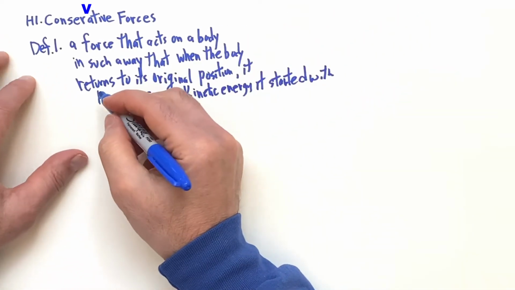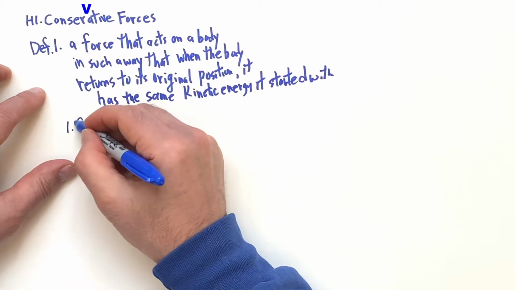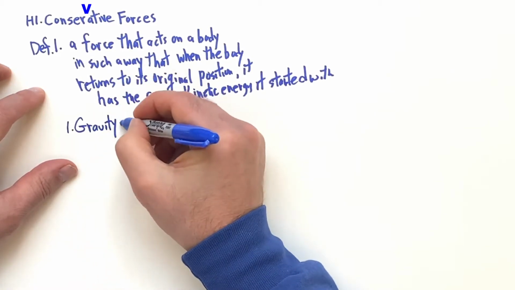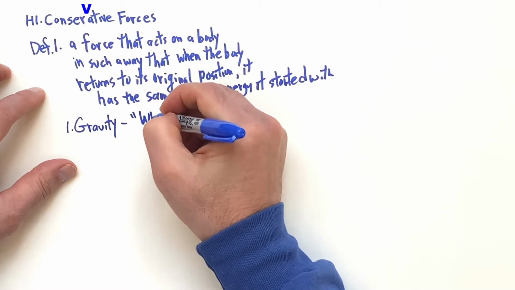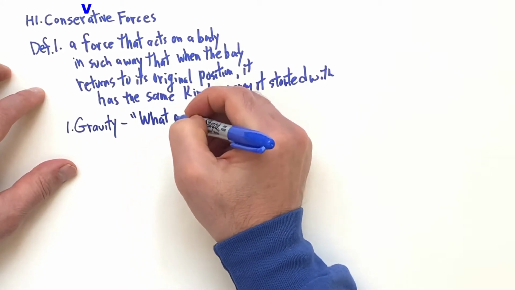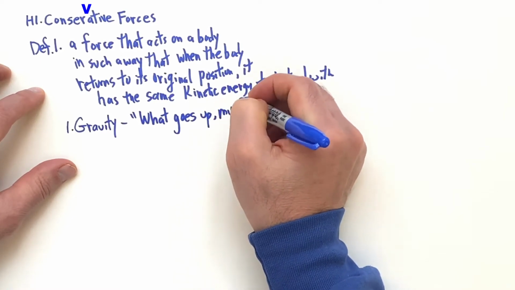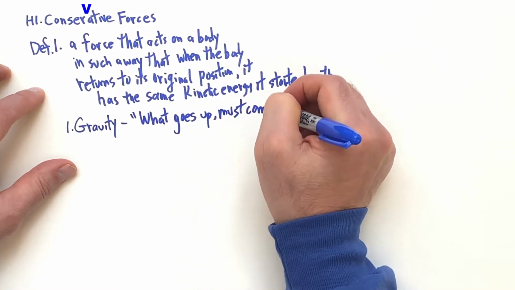And then we'll do two examples. One, gravity. I remember this one as what goes up must come down.